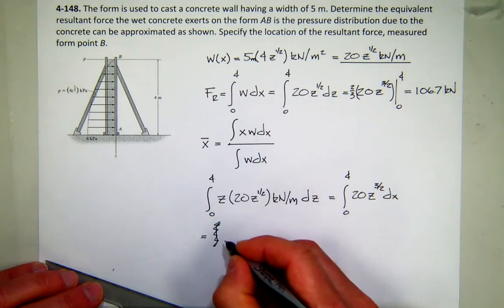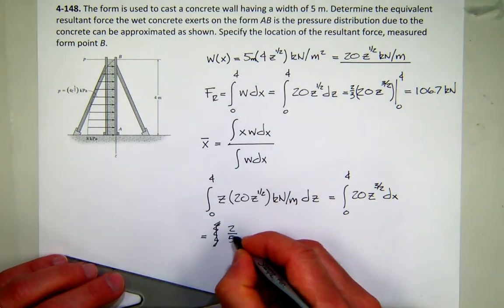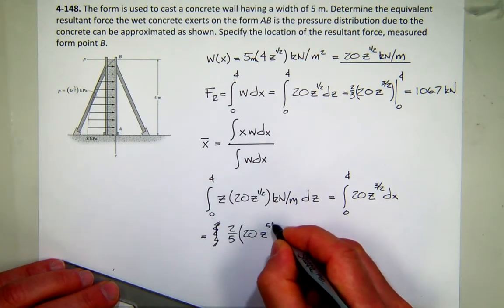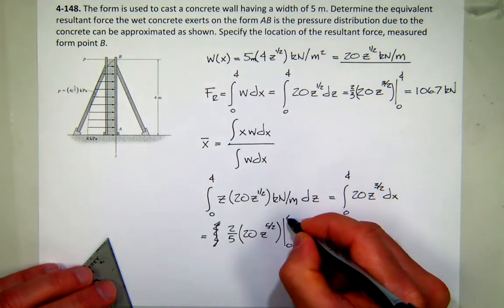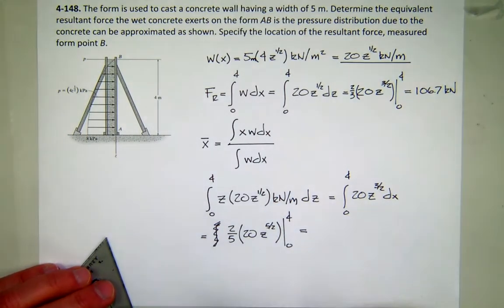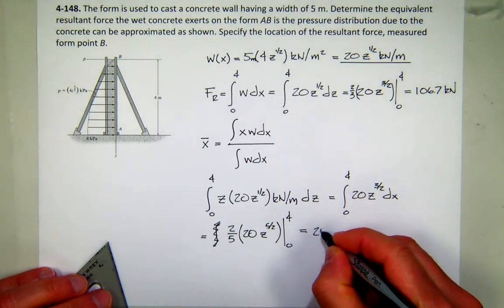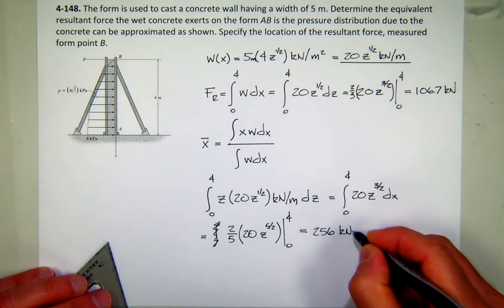So that'll be 2 over 5 times 20 z to the 5/2, and evaluate from 0 to 4. So what's that equal to? 256. Exactly? Yep. So that'll be kilonewton meters.